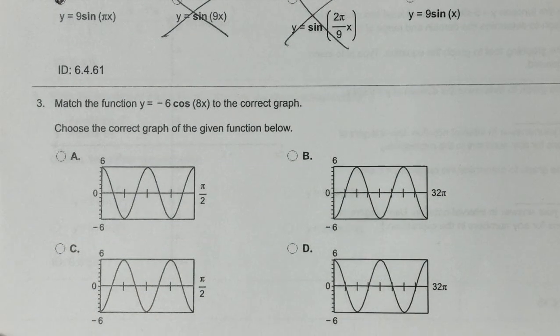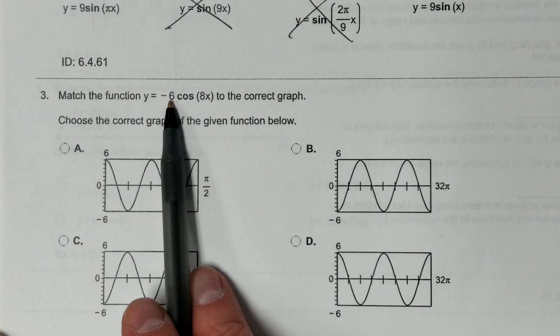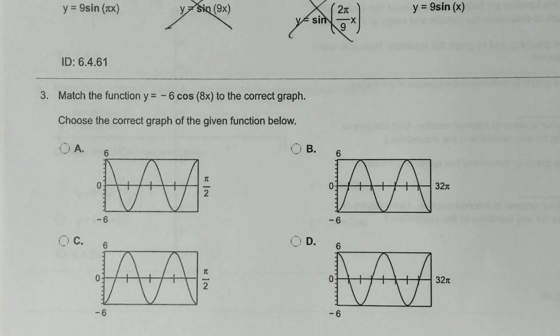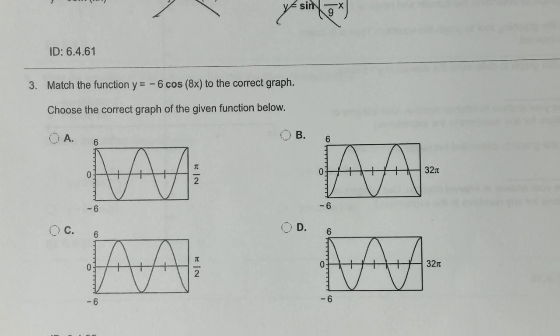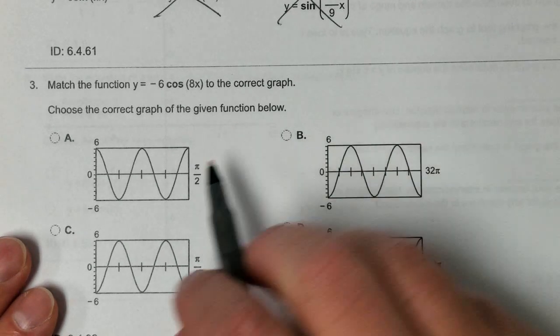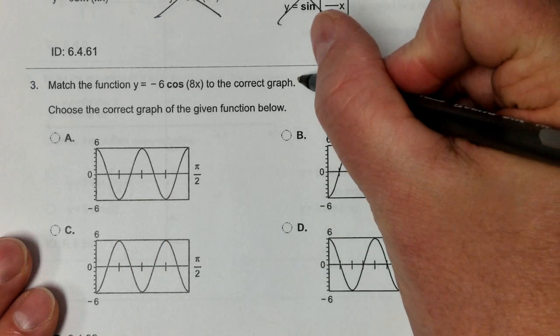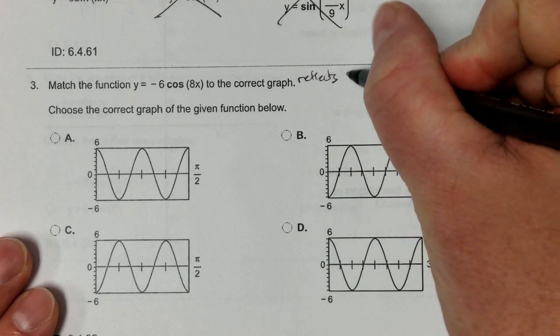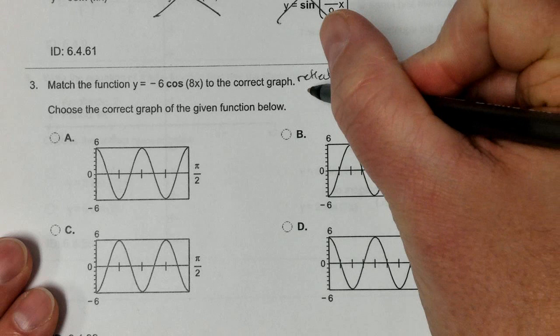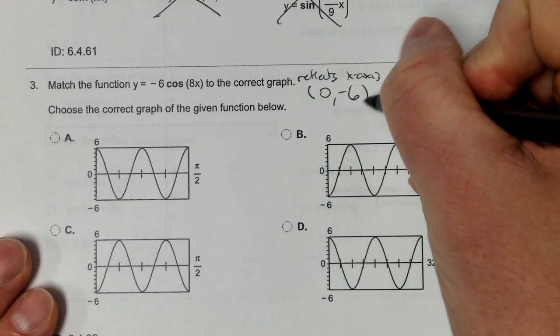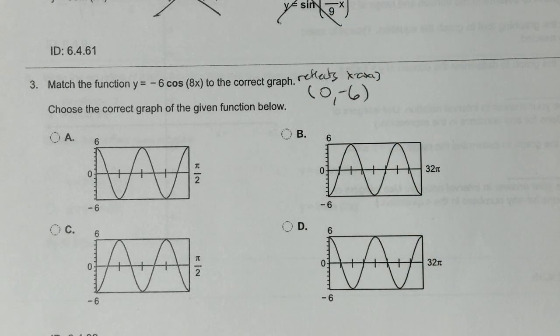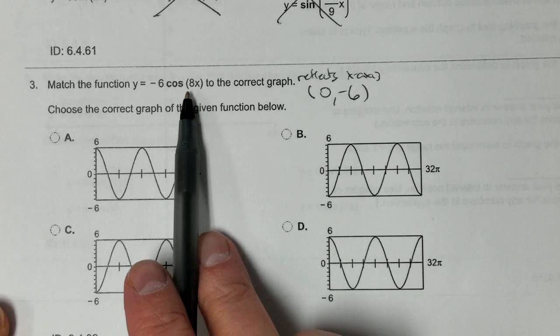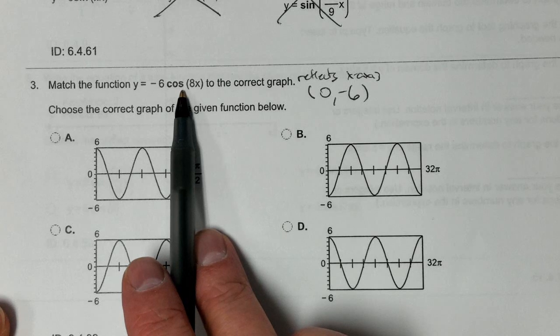Okay, the next one says match the function -6 cosine 8x to the correct graph. So it's a negative cosine graph, so that means it reflects the x-axis. And so that means it's going to go through the ordered pair 0, -6. Because sine goes through the origin and cosine doesn't.